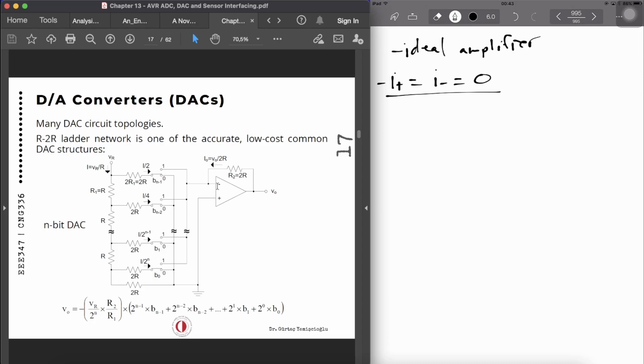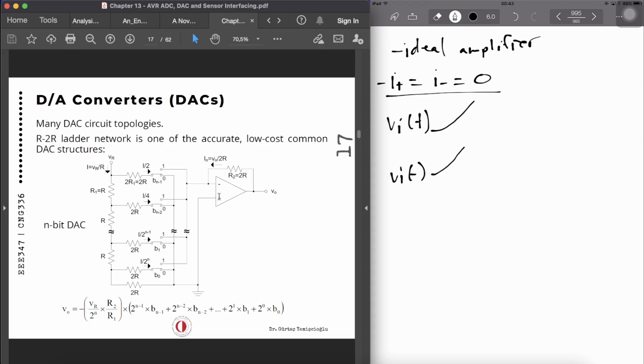The way this amplifier behaves, for example, let's assume that as soon as your Vi plus starts increasing, now what will happen? This Vi plus is actually going to increase with Vi minus. So Vi minus will also increase.